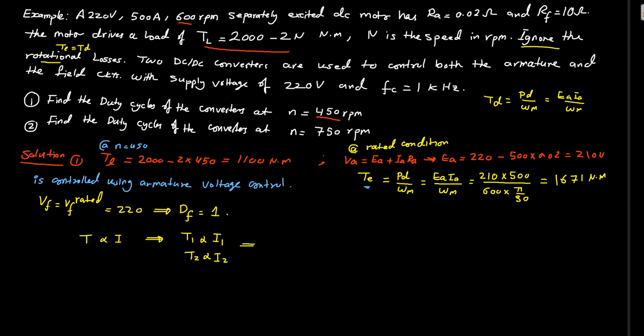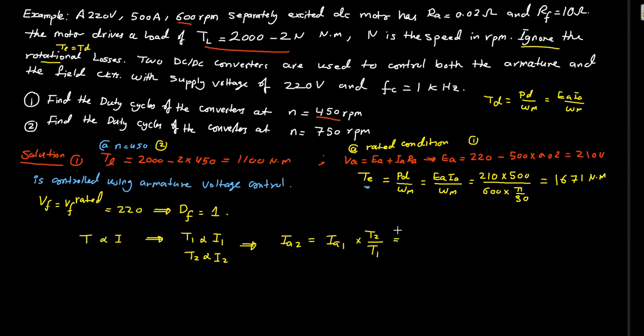So simply we can calculate the current at n equal 450: IA2 will equal IA1 multiplied by T2 over T1, where 1 stands for the rated condition and 2 stands for n equal 450.